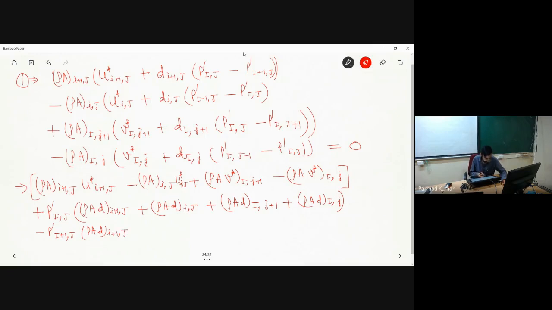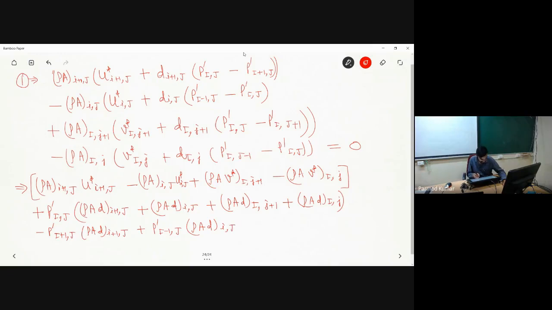Okay, then we have another term over here as plus p dash at point I minus 1 comma j, and its coefficient will be rho a into d at point small i comma capital J.